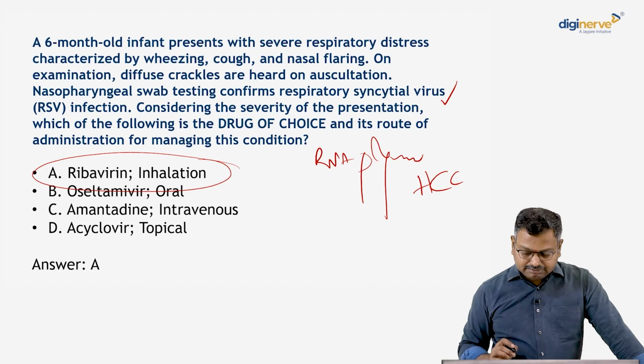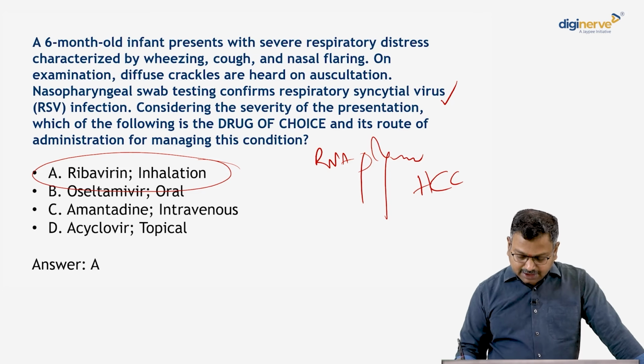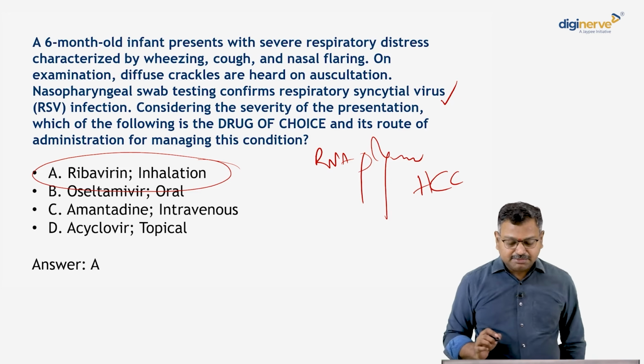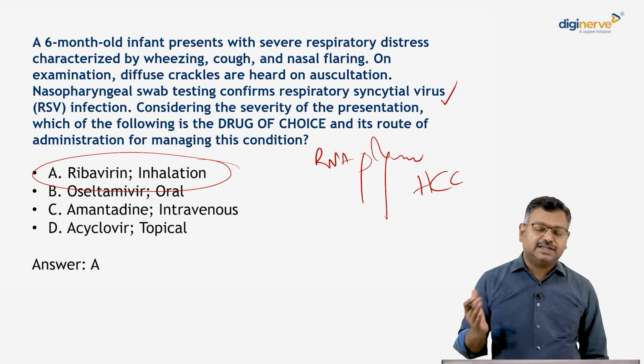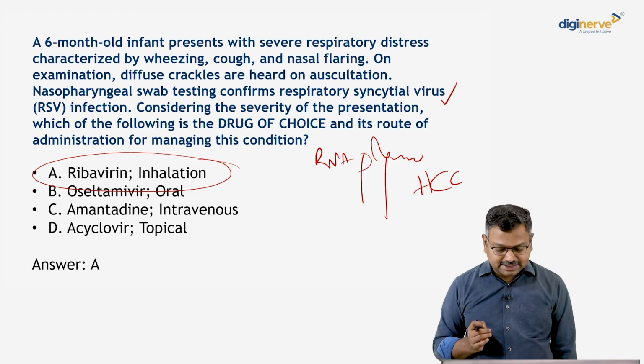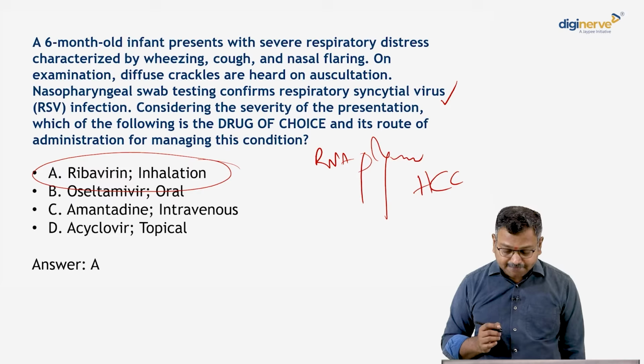So, in infants and children, 200 milligrams you are giving 4 times daily. That's the dose through inhalation that you have. Now, an important point about ribavirin is that it can be used for other conditions like HCV, which I have told you. It's also used for some other viral infections that you'd see there.